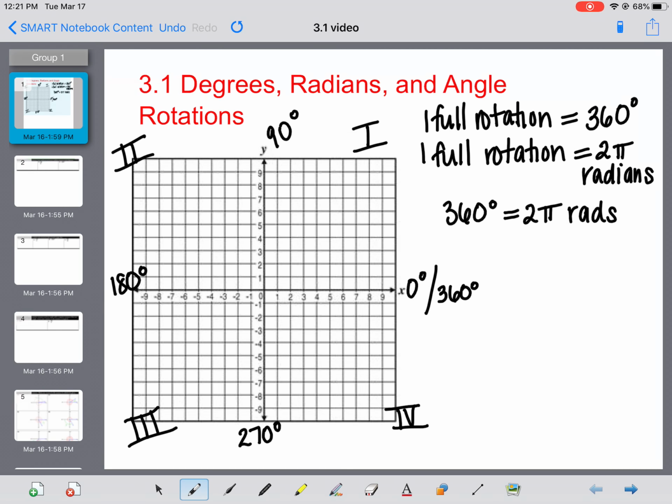Okay, so 90 degrees is the same thing as pi over 2. 180 degrees is pi. And 270 is 3 pi over 2.